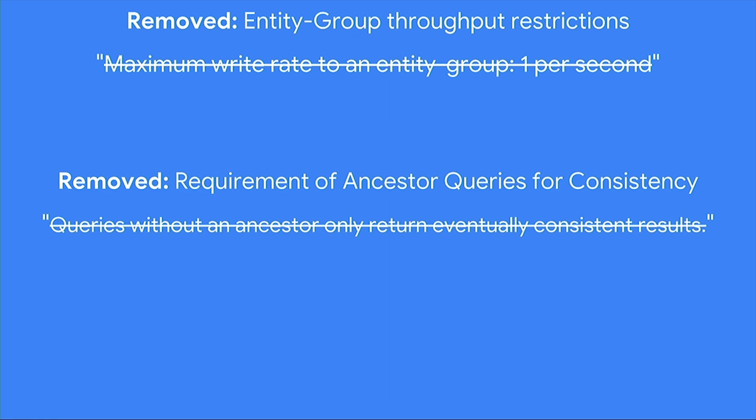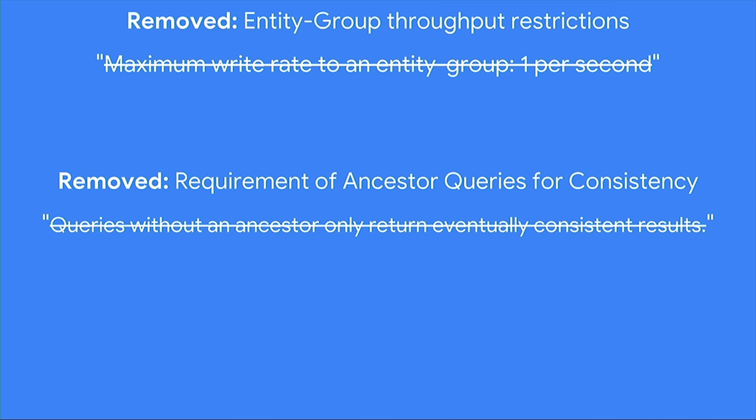So you're probably asking, what's the catch? Let me talk about a couple of the things that we're removing in Datastore mode for Cloud Datastore users. The first thing that we're removing is the entity group restrictions you have today. So no longer will you be limited to 1 write per second per entity group to get strongly consistent data. Hopefully this is a good thing we've removed for you.